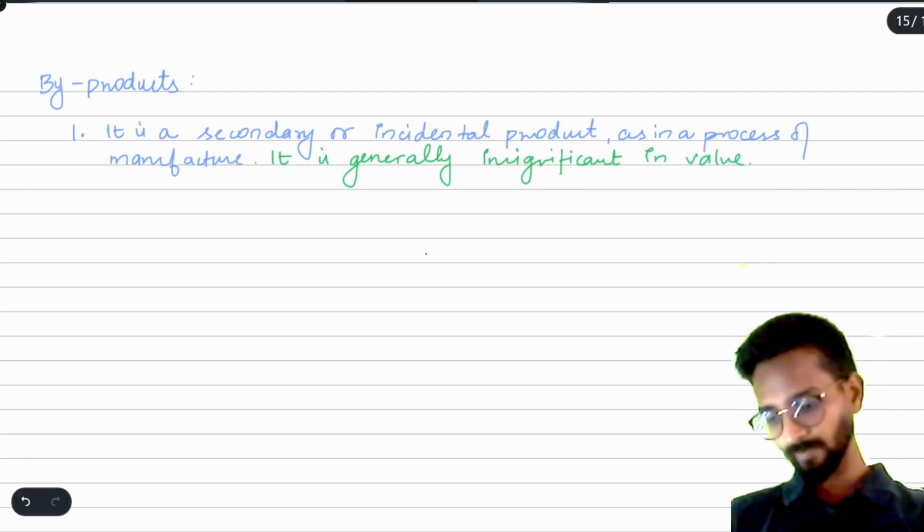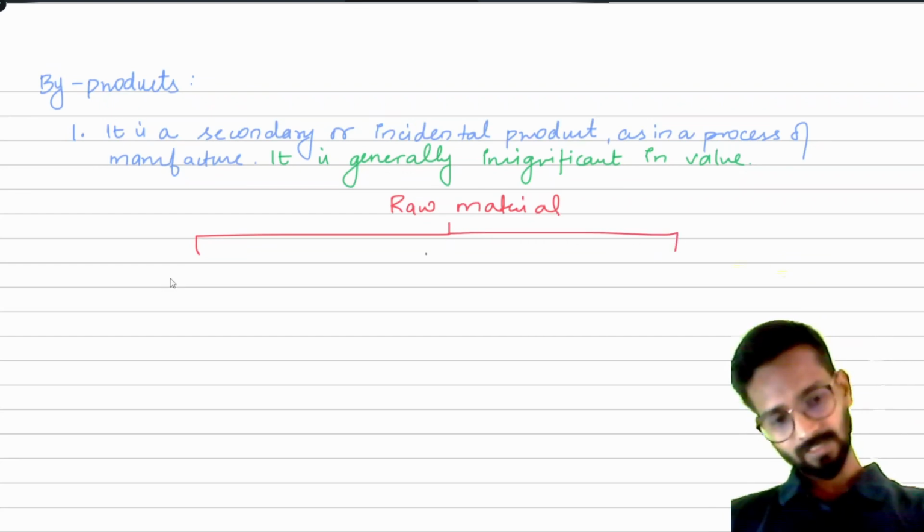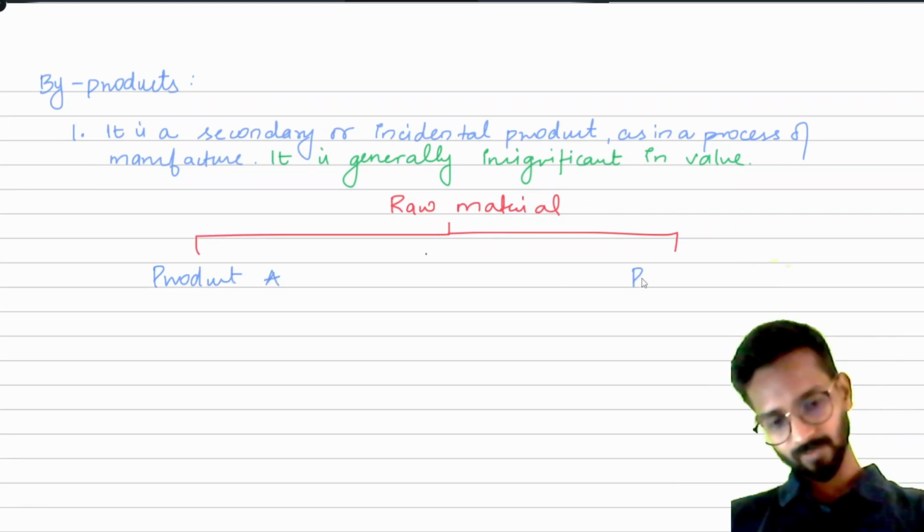I will just provide you a table that will make it very easy for us to identify. When raw material is producing, suppose, two products, let's say product A and product B, and say product A is your main product.